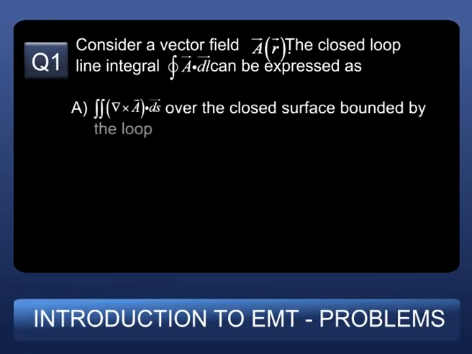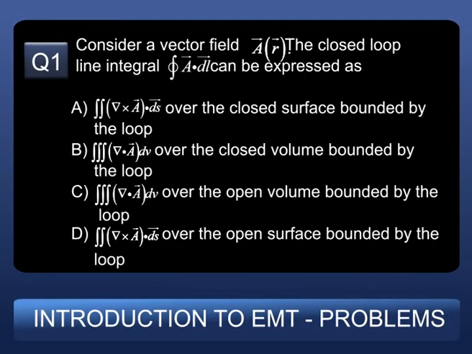A question was given like this. Consider vector field A bar, the closed loop line integral of A bar dot dl bar can be expressed as: option A, double integral, closed, del cross A bar dot ds bar over the closed surface bounded by the loop.